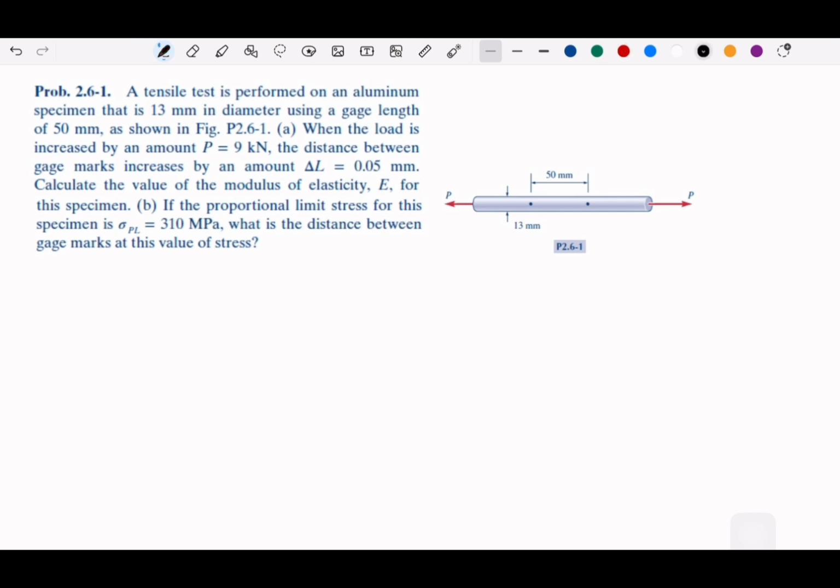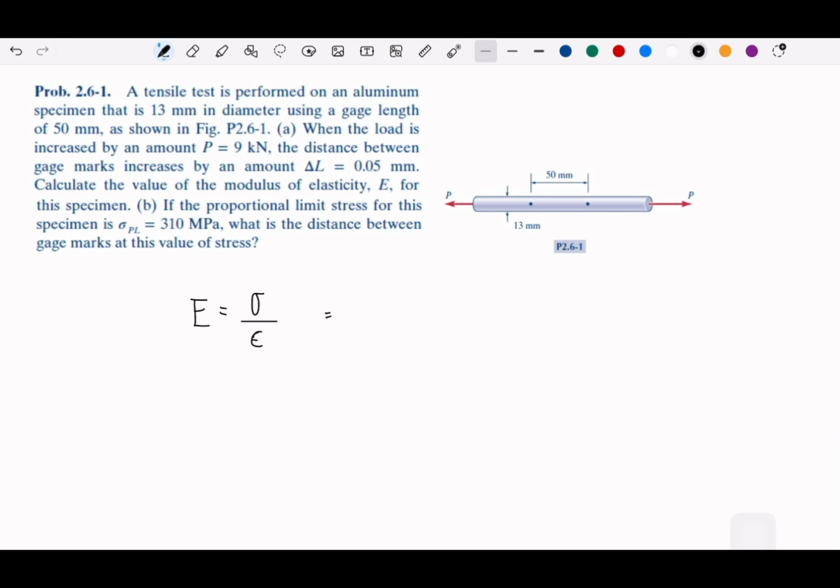we can write first that the formula to get the elastic behavior is basically E is the sigma over the strain. Sigma is basically the pressure divided by the area, which is defined by the diameter.